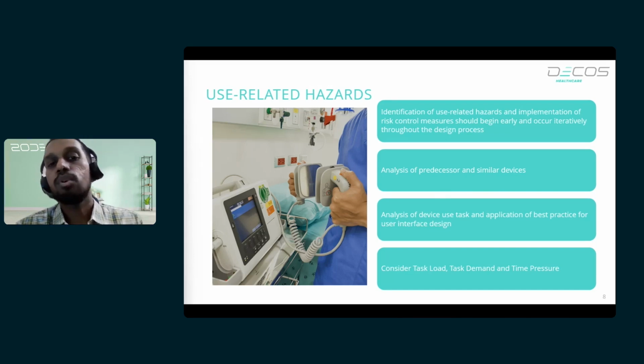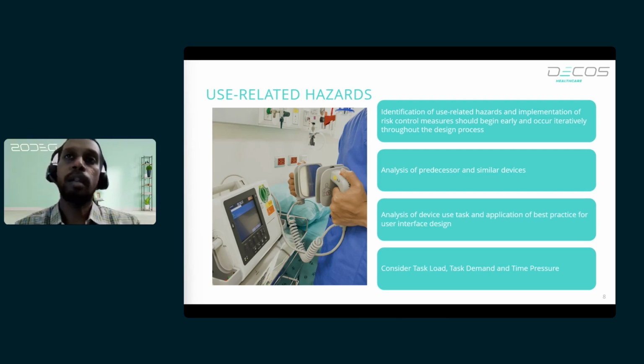Apart from these, I'll also take into consideration the competitive devices that are available in the market. Say I'm manufacturer A and manufacturer B also has a similar device in the market to perform the same activity. I'll take that information into consideration as well, so that I can observe what sort of user errors the competitive devices have, and those errors will be minimized, and my design will be such that those errors won't occur during the device use.